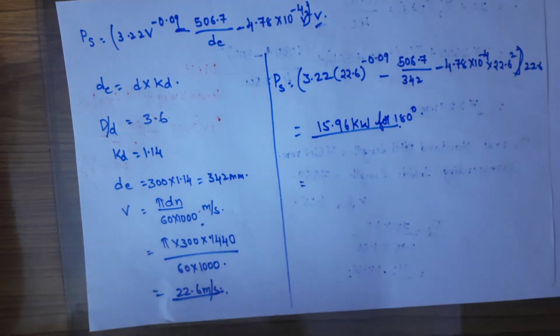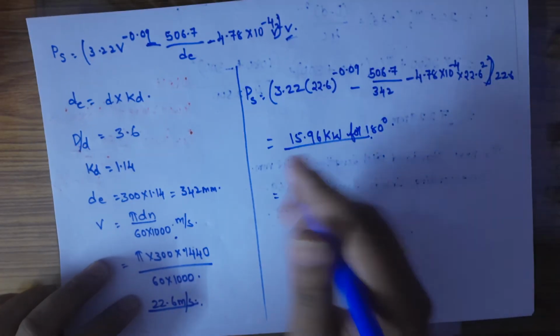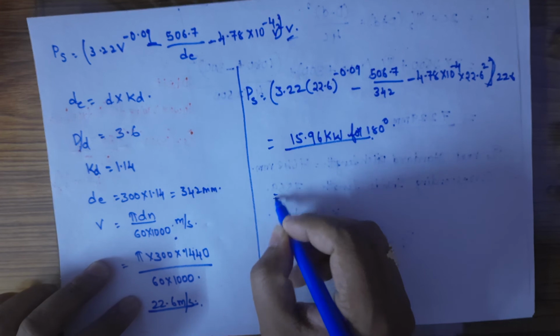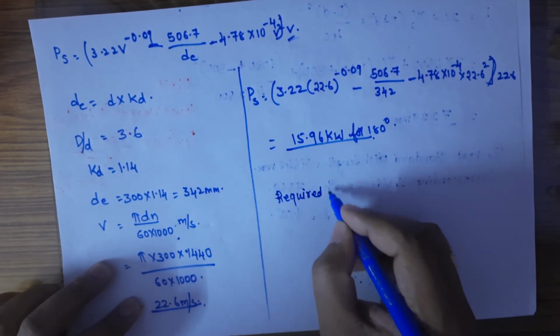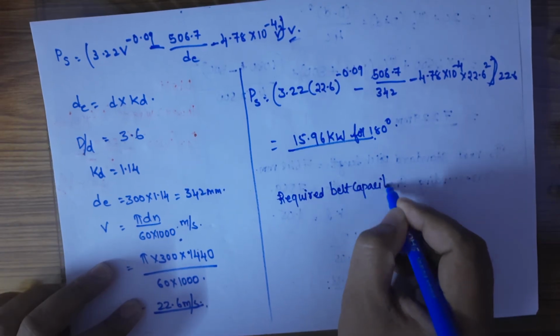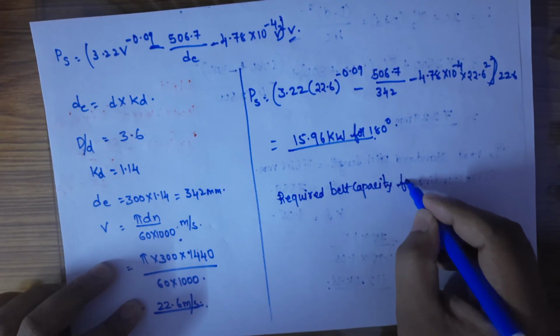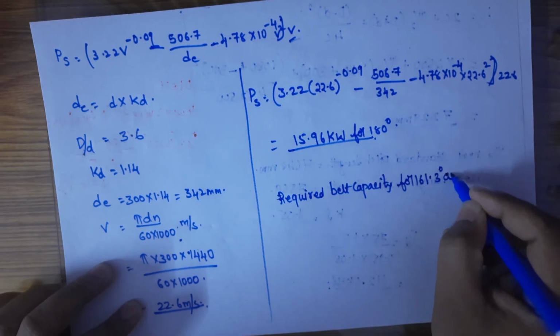So the required belt capacity for 161.3 degrees arc of contact.